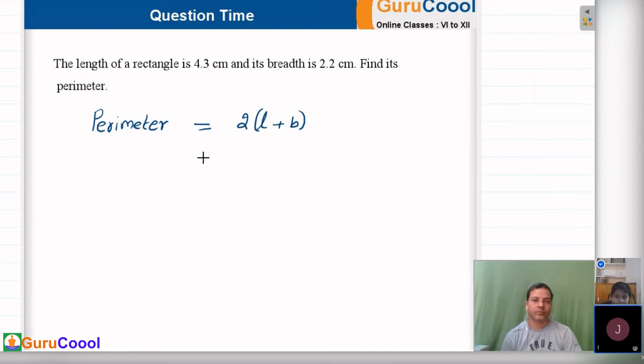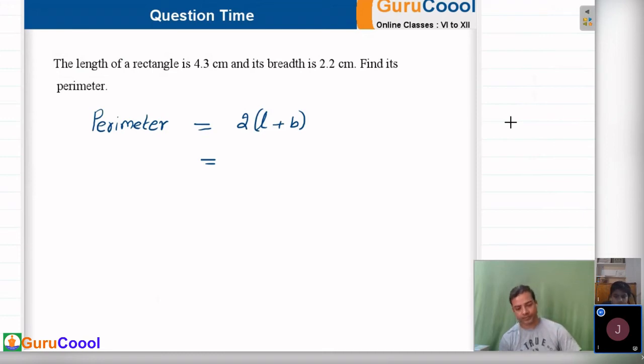Yes, 2 into brackets. First we put length 4.3 centimeter plus breadth 2.2 centimeters, sir.